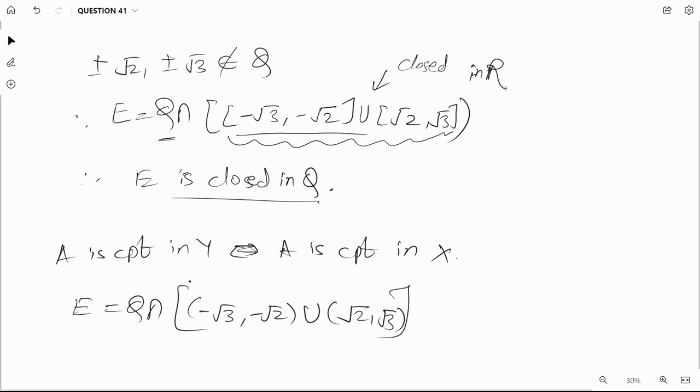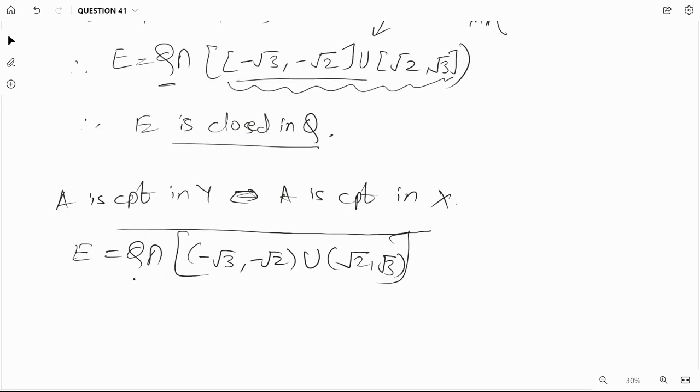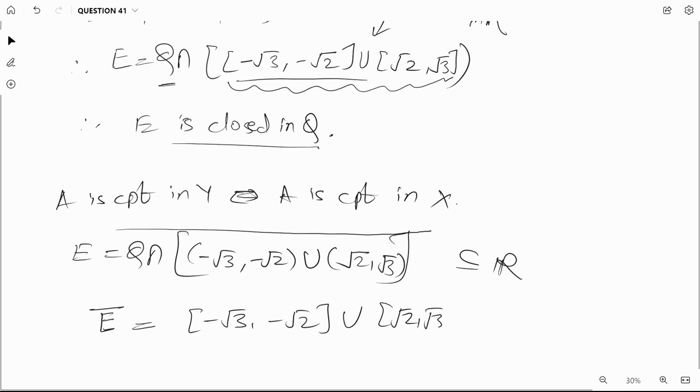Now if we consider E as a subset of R, not as a subset of Q but as a subset of the metric space R, then the closure of E is equal to this, right? Therefore E is not closed in R, right?